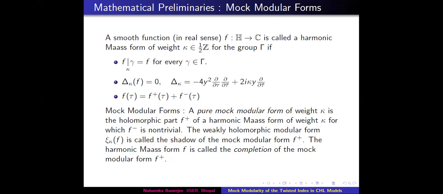So it's not modular, but it tells me how to get a modular form. The shadow operator is del tau bar times some factor that I do not remember. I'll tell you.